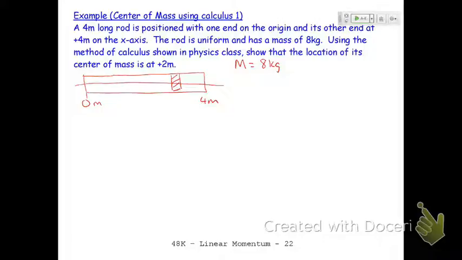So, what was that last equation? Well, the first equation was x center of mass is equal to the sum of m_i x_i over the sum of m_i. And then we could also say that our center of mass was equal to the sum of m_i r_i, where r_i is a vector, of course, over the sum of m_i.